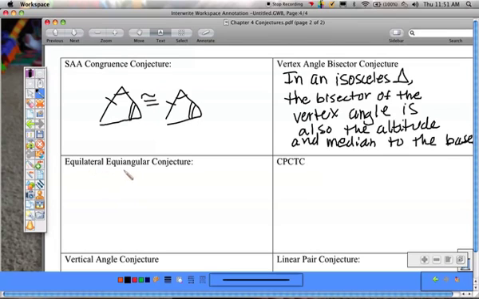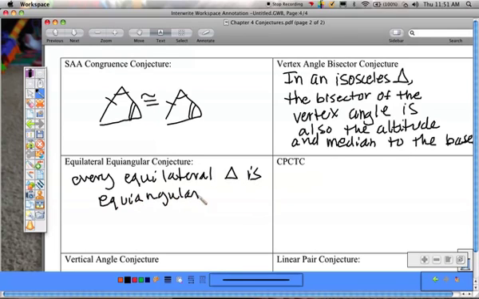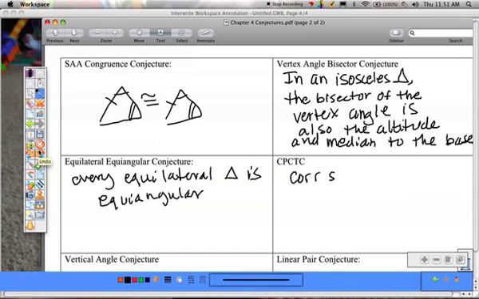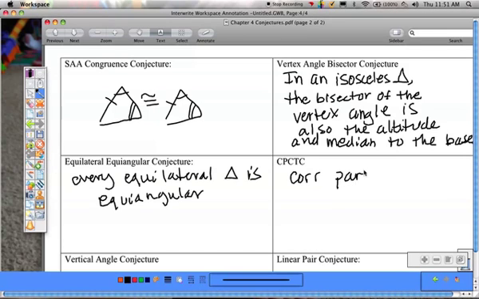Equilateral equiangular conjecture. Every equilateral triangle is equiangular, and vice versa. Every equiangular triangle is equilateral. CPCTC, corresponding parts of congruent triangles are congruent.